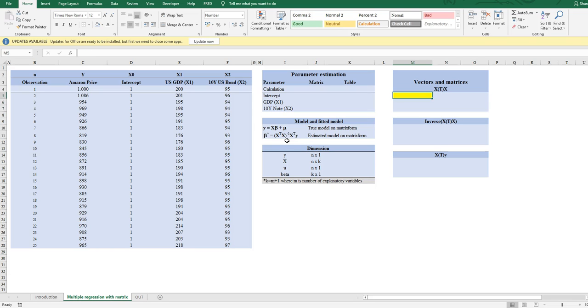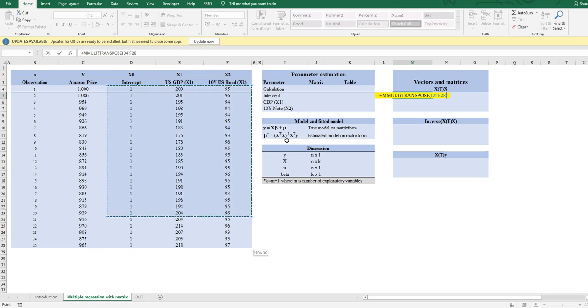This is what I have lined up here. So let me show you how to do that in Excel. MMULT, and we need to transpose the first X matrix like this, and we will multiply it with X like this.